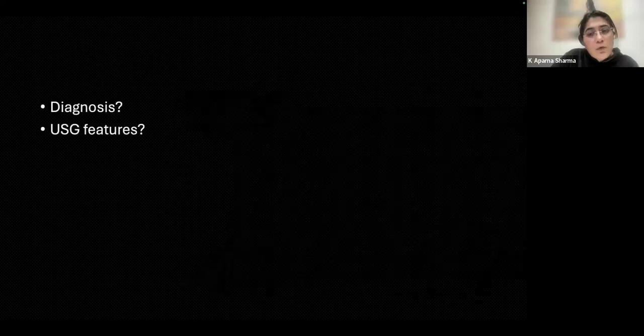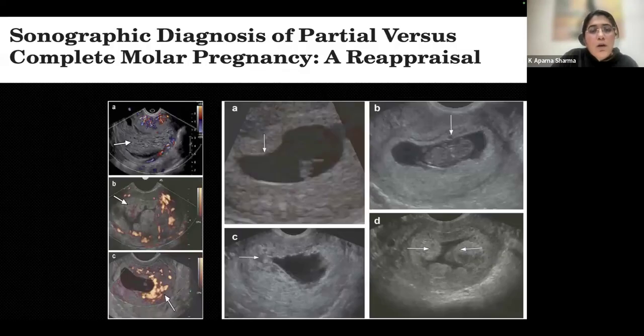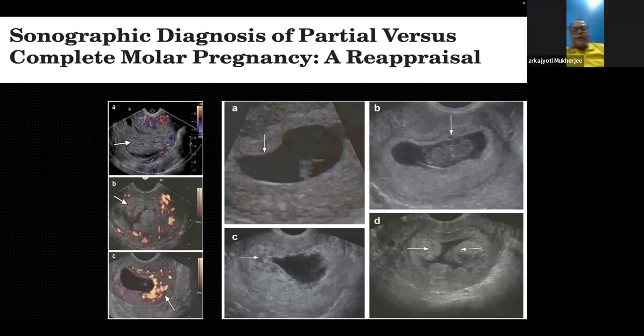Yeah. So would you like to talk a bit about how you differentiate this from the partial mole, partial versus complete mole? How do you really guide your diagnosis on it? In case of partial mole, some fetal parts should be visible through the ultrasonography, but in complete mole, the entire screen will be like the snowstorm appearance.